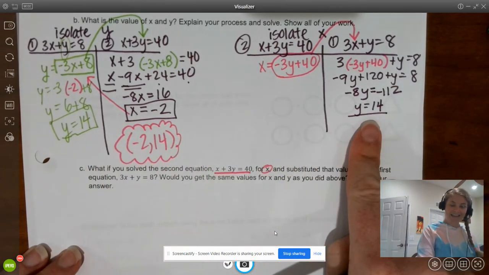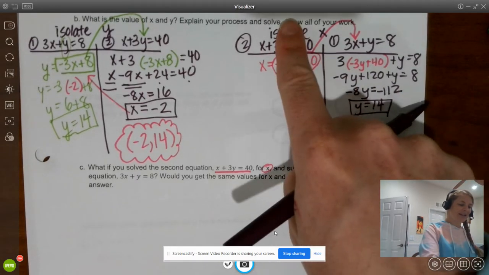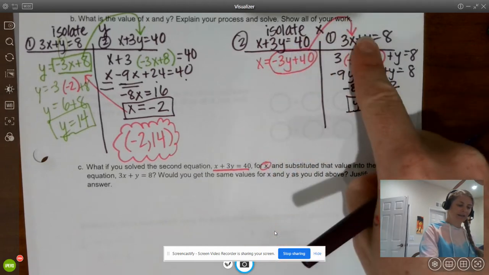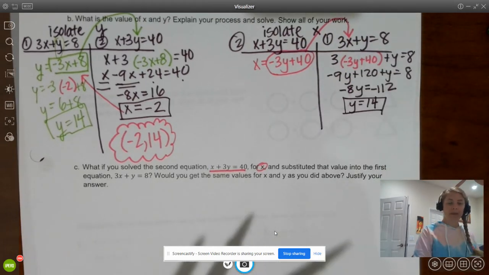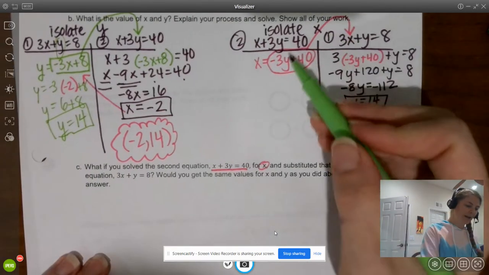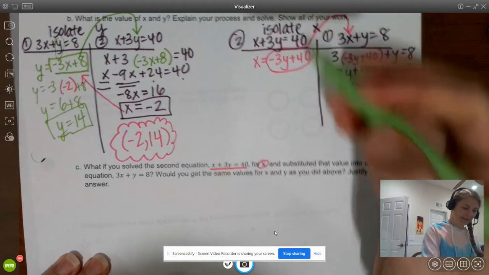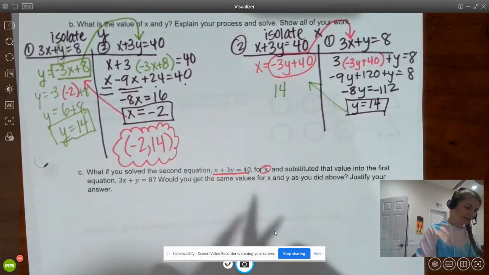Same. So now you know what to do. We isolated, plugged in, isolated, plugged in. Or in this case, because of the name of the method, it's called substitution. Isolate, substitute, isolate, substitute. So we're going to go back over here. My y value is 14.